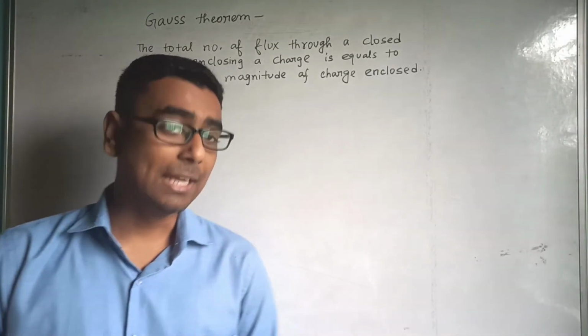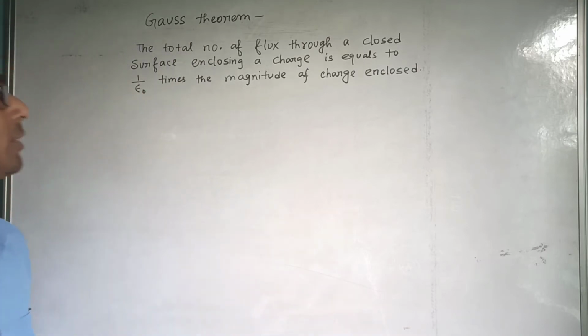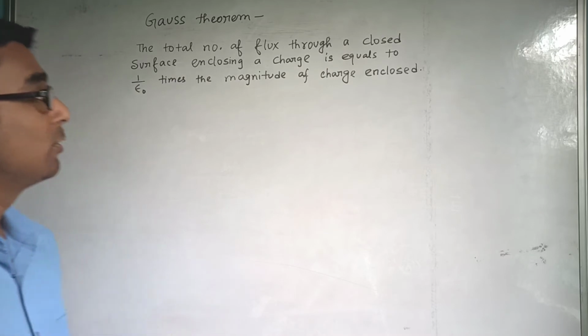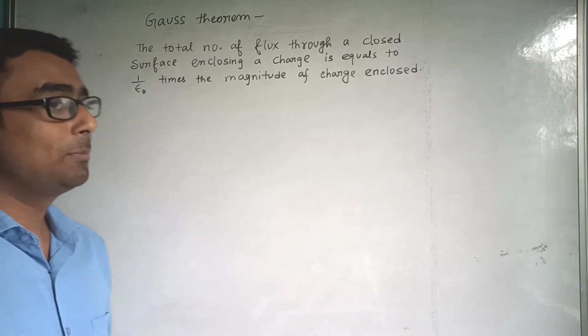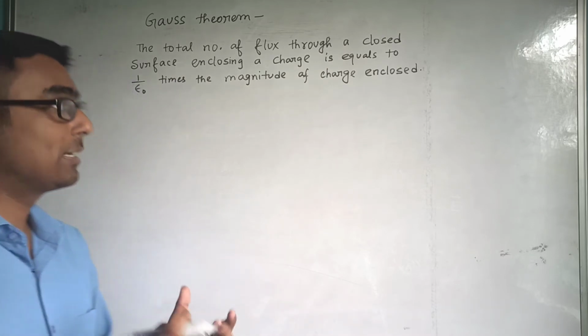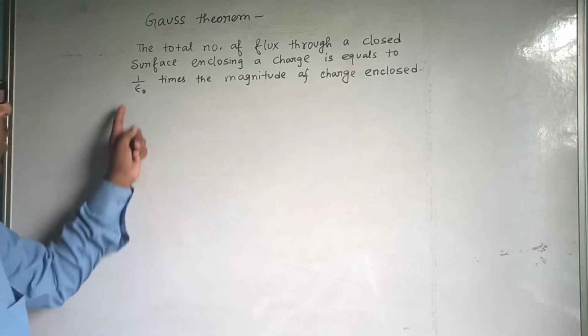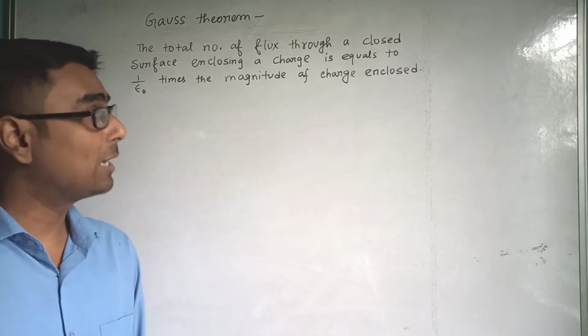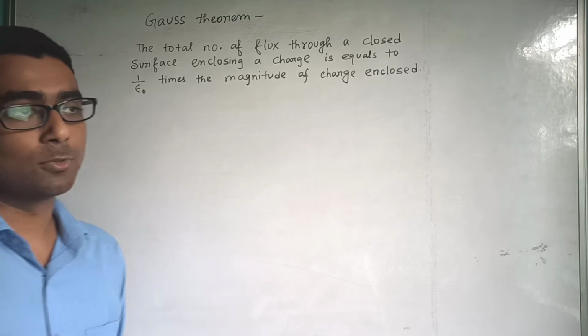The Gauss theorem states that the total flux through a closed surface enclosing a charge is equal to 1 by epsilon naught times the magnitude of the charge enclosed.